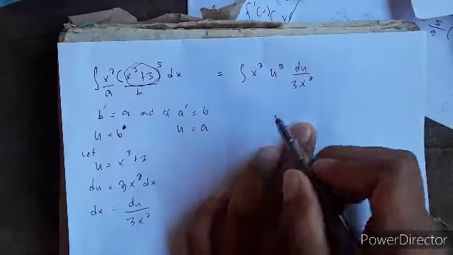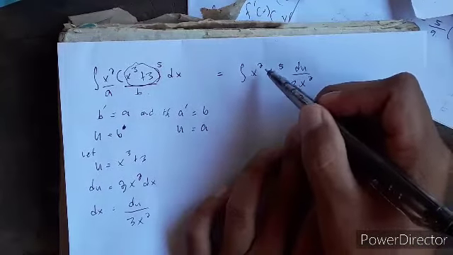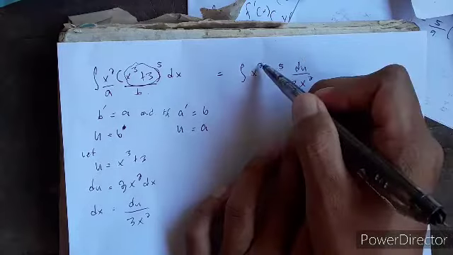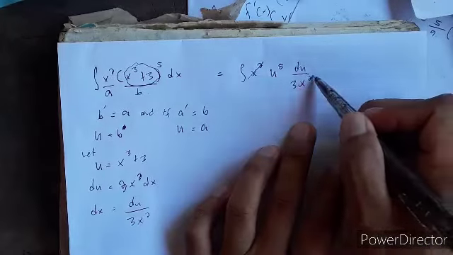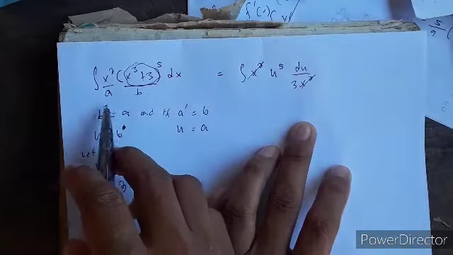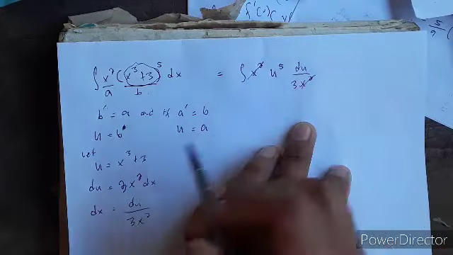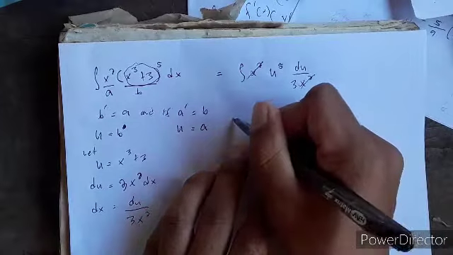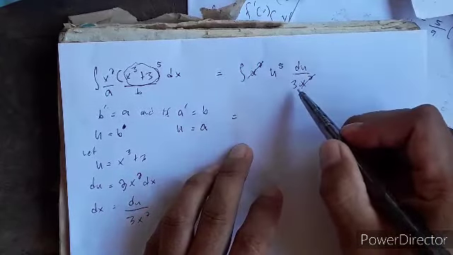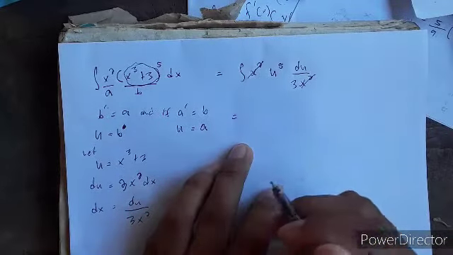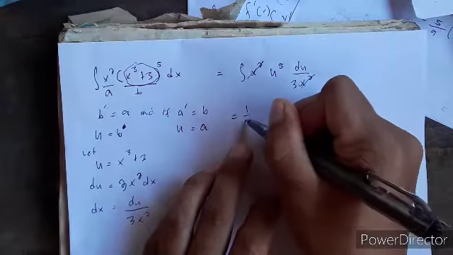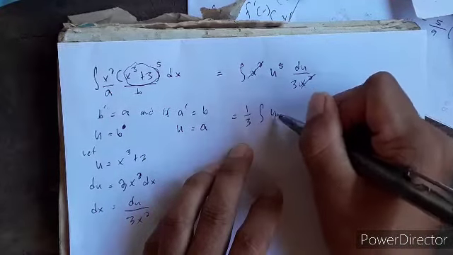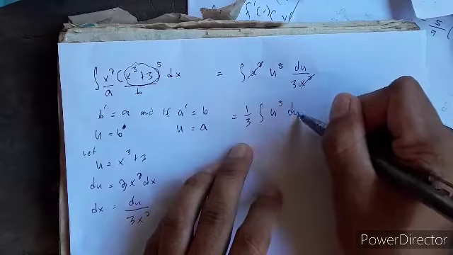As you can see here, we can now simply cancel our first function with the derivative of the second function. What remains is a constant, which is 1/3, and we can put it outside the integral sign. So we have 1/3 and the integral of u raised to 5 du.